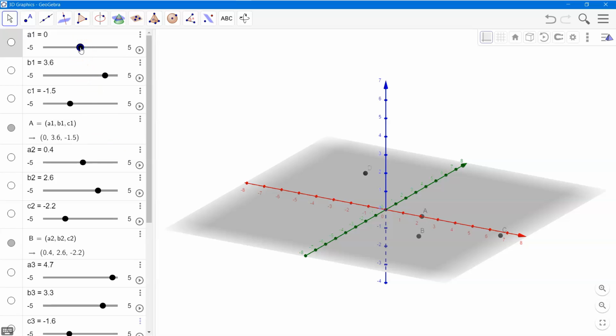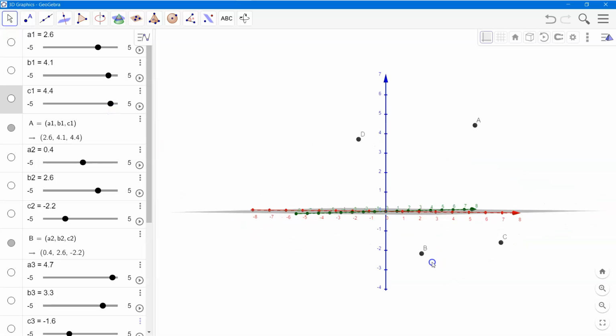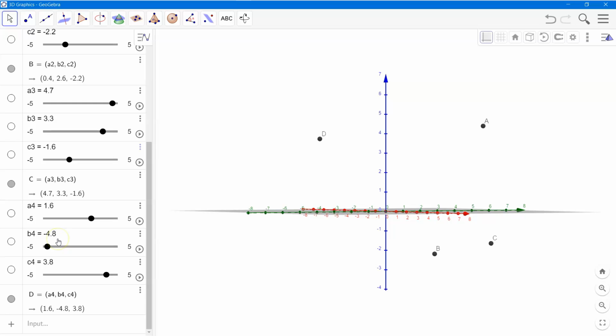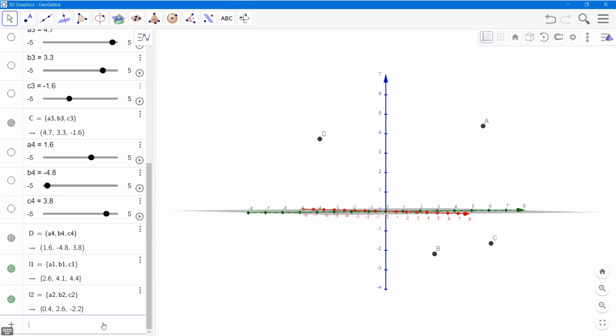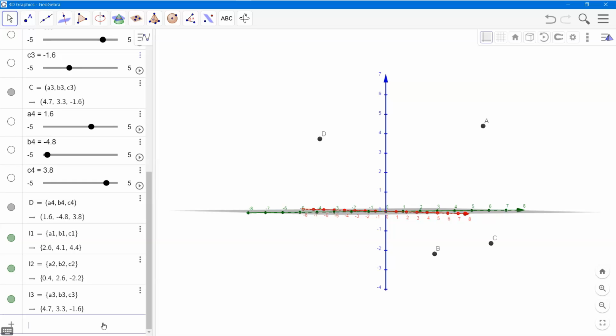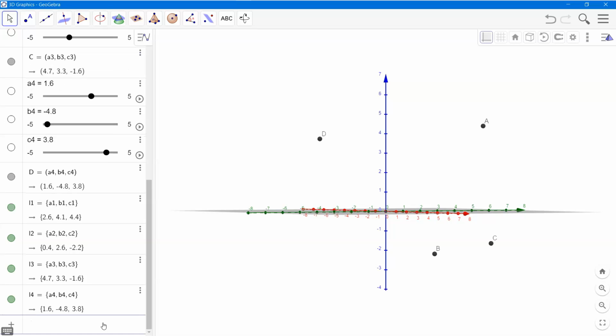Now there we were talking of specific points. Now if we make one of the points an arbitrary point, first let's get this ready. So we use row matrices: A1, B1, C1, A2, B2, C2, A3, B3, C3, A4, B4, C4.